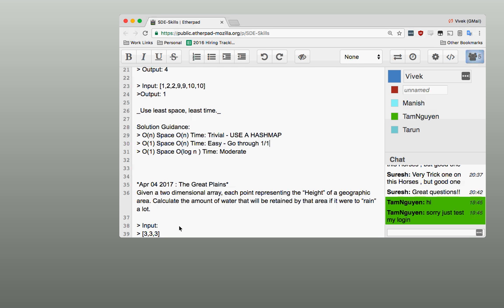Would you be able to solve it in O of 1 space and O of n time when the elements are random? You could have a 1 followed by a 5, followed by another 1, followed by another 5, and so on. I would say XORing all the numbers. That would probably do both sorted and unsorted.